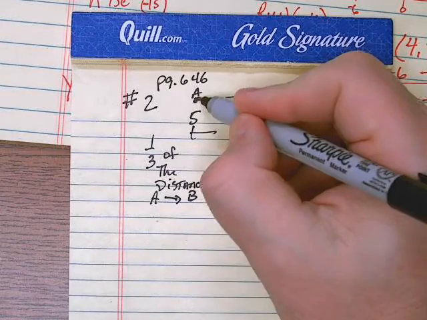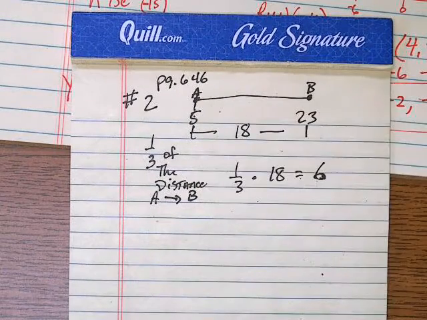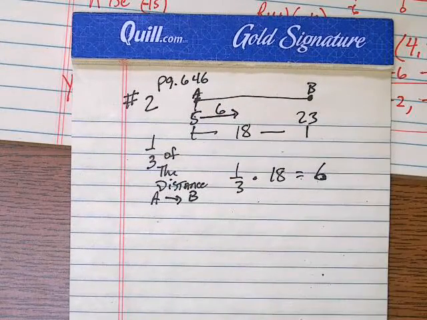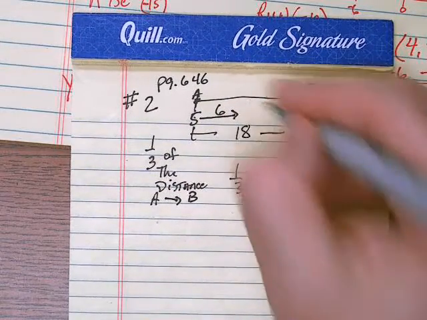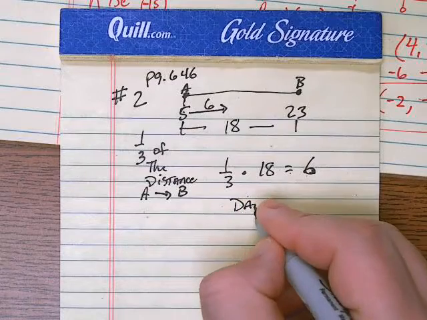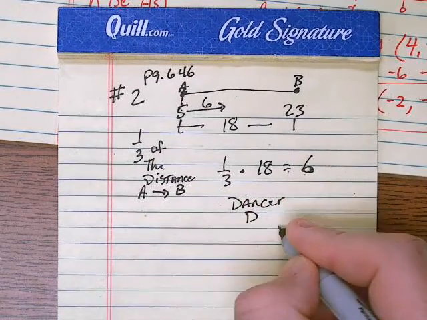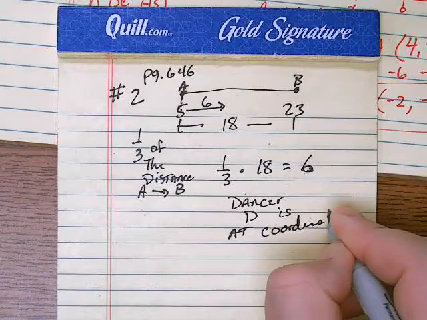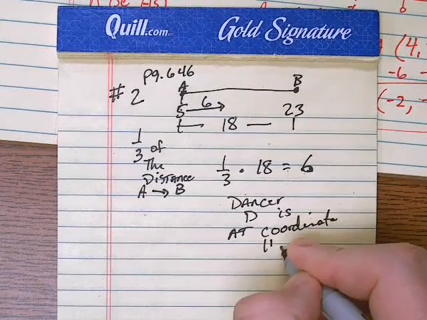So if I'm starting at the coordinate of 5 and I'm going 6 units, where am I going to end up at? 11. So dancer D is at coordinate 11.